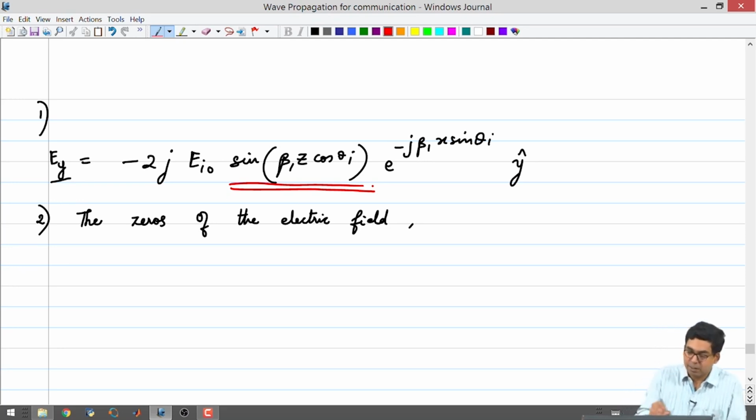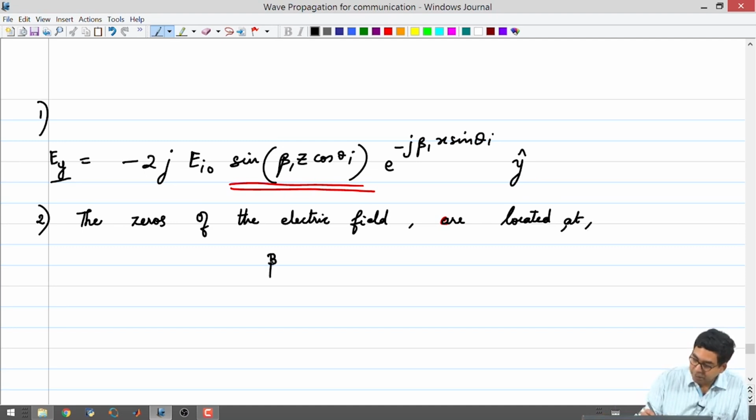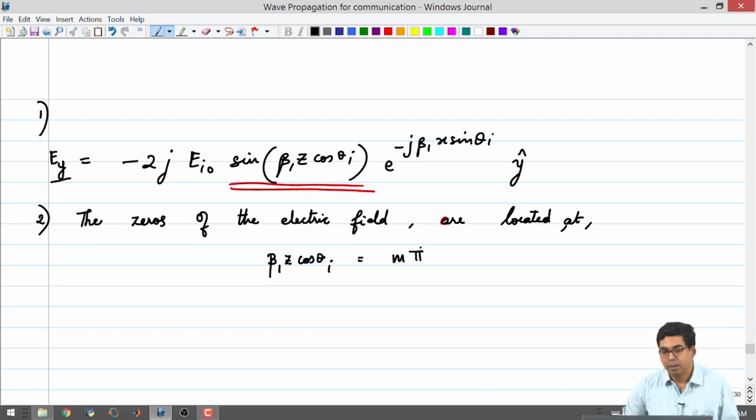The zeros of the electric field are located where beta 1 z cos theta I equals m pi. This is the argument of the sinusoid; whenever it equals m pi, you have zeros along the z direction.